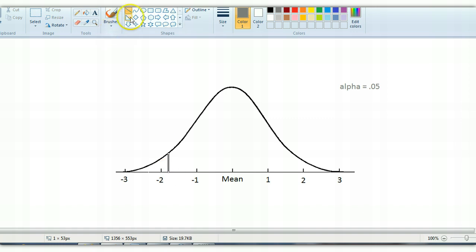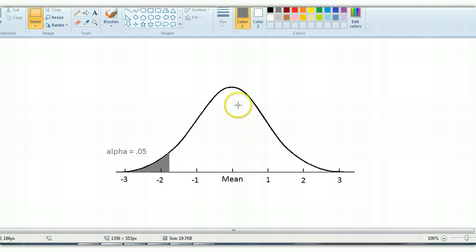If I were to shade this, that means that this area down here below whatever that critical number is, like negative 1.645, is 5% or 0.05 of the total area under the curve.